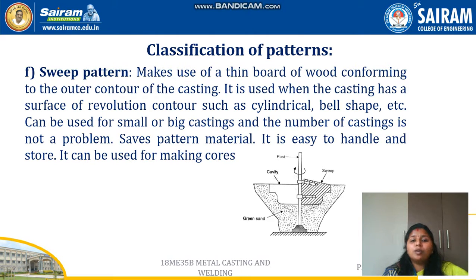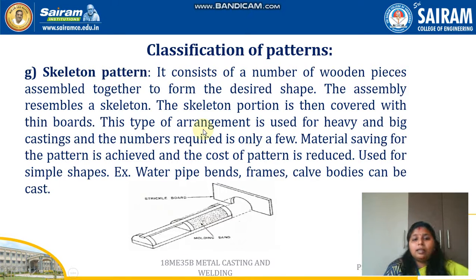This can be used for small or big castings to produce a cavity. It also saves material, since we make only a very small portion and revolve it, and it is easy to handle and store, for making cores.